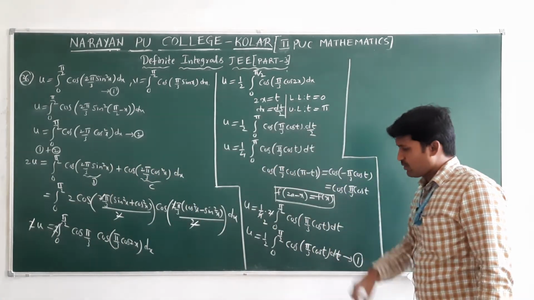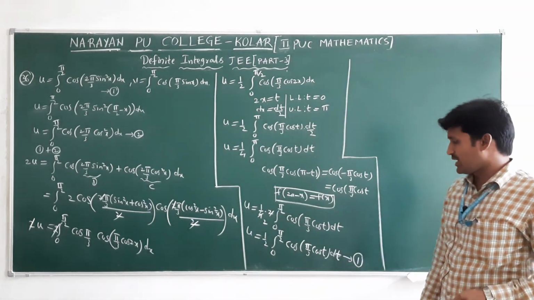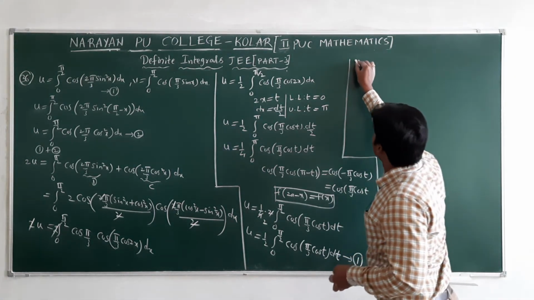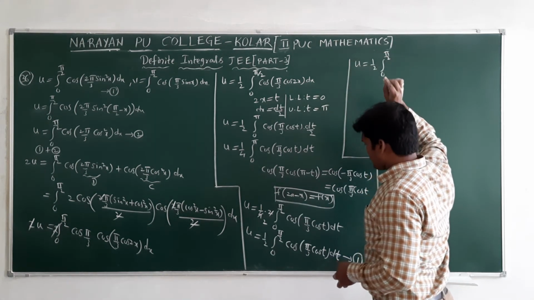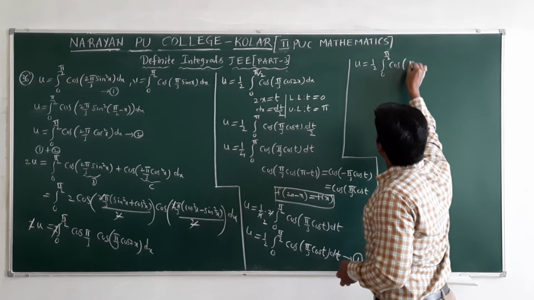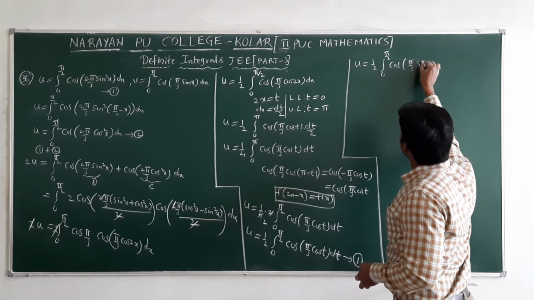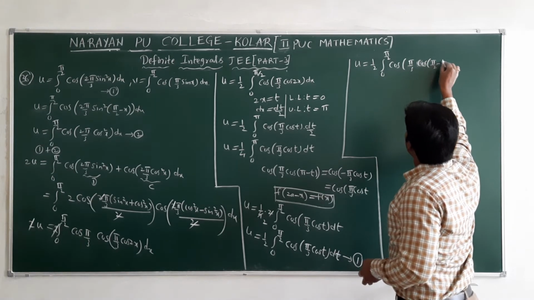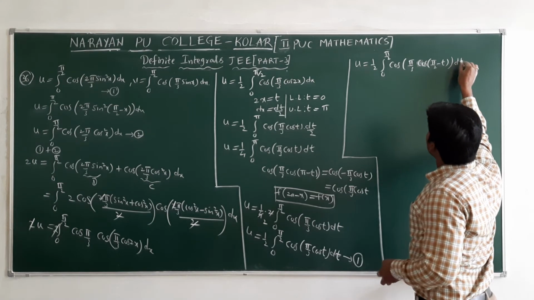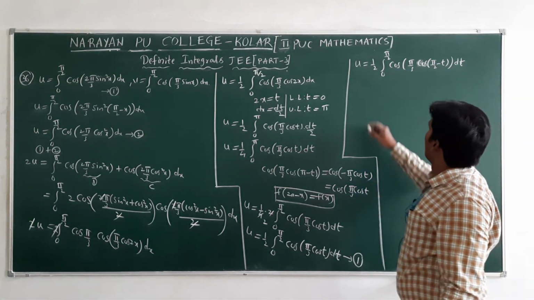Now I'll apply the property one more time. Integral 0 to a f of x dx equal to integral 0 to a f of a minus x. u equal to 1 by 2 integral 0 to pi by 2 cos of pi by 3 cos of pi by 2 minus t dt, condition wise. Okay.